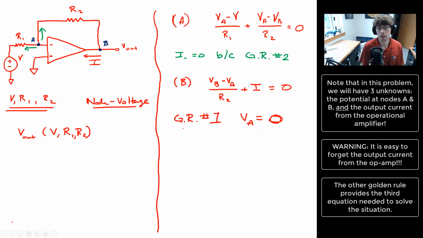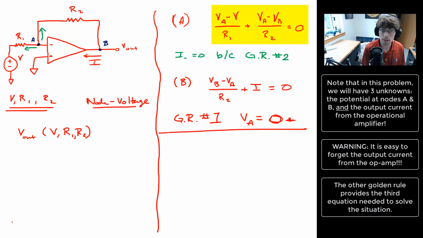Well, in fact, notice we have a set of linear equations, so we could do our matrix methods. But the fact that we know VA is equal to 0 will certainly make it easier to find VB right up here. Let's go ahead and do that. What do we have? We have 0 minus V over R1 plus 0 minus VB over R2 equals 0.